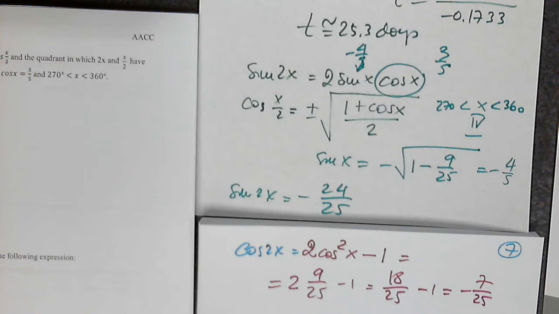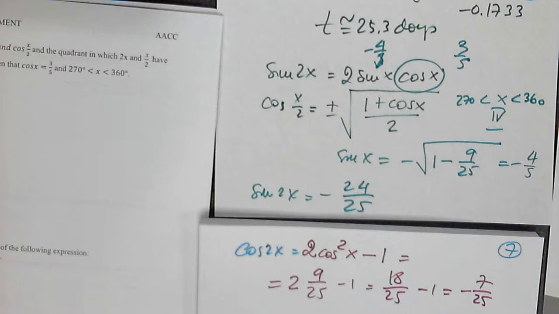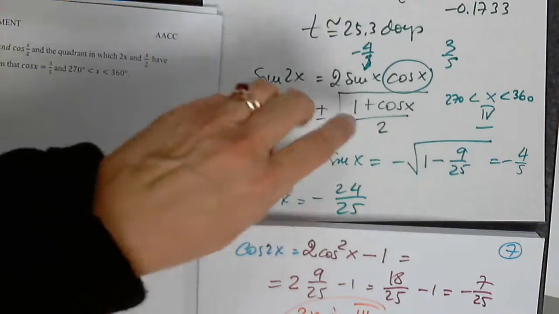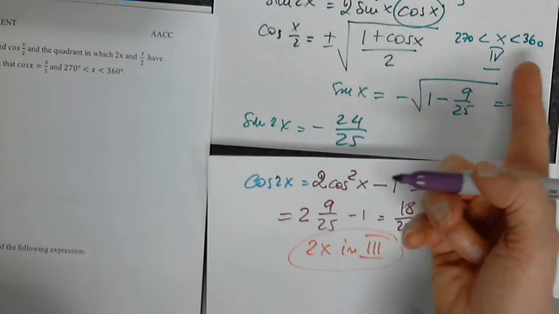Therefore, since sine of 2x and cosine of 2x are negative, I know exactly where 2x is to be found. Which quadrant? In the third, and there is no other option. When it comes to finding the quadrant for the half angle, I will definitely divide all 3 sides by 2.